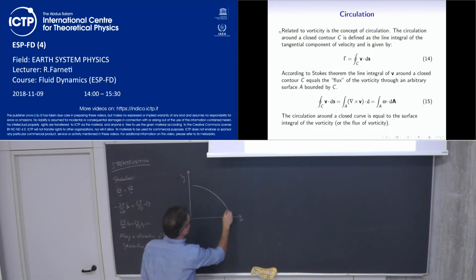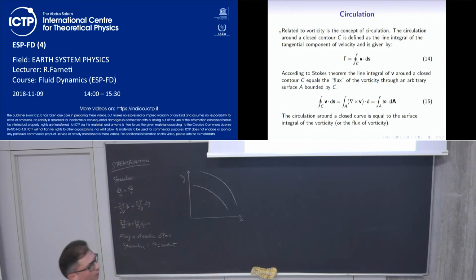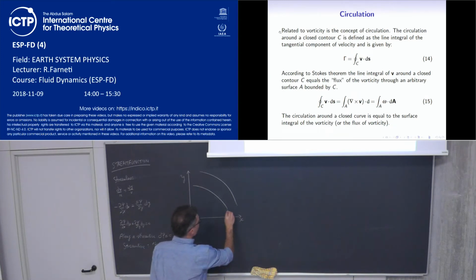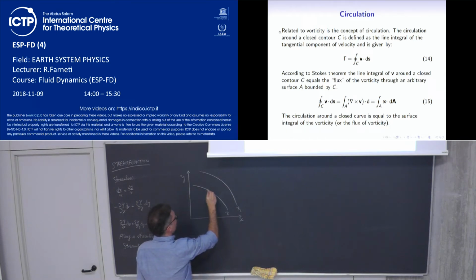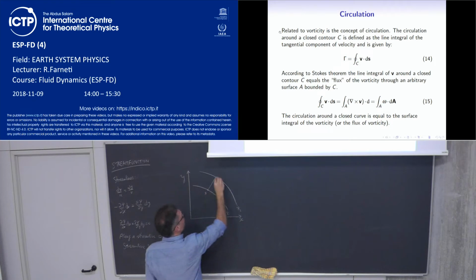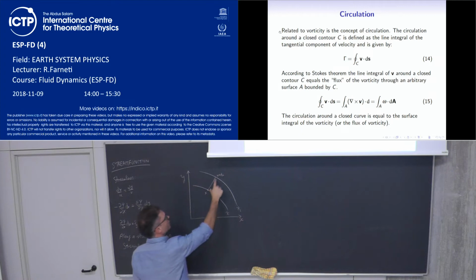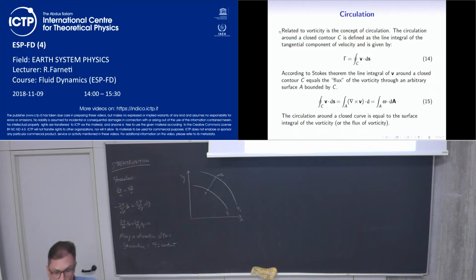So let's have an example of these two streamlines, or lines of constant stream function. This is psi 1 and this is psi 2. And this is my point x and this is my x plus dx. So this is my segment dx where I want to compute my flux, for example.